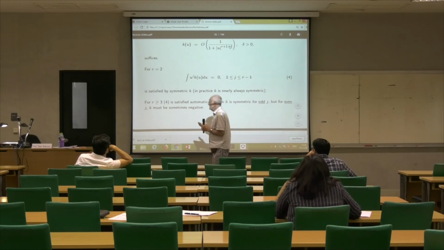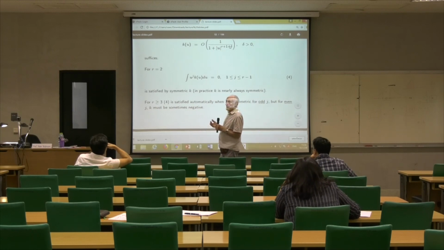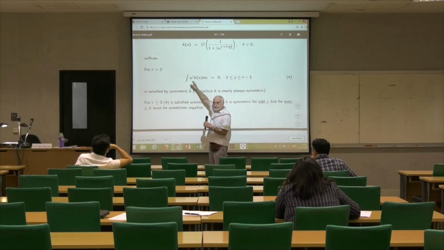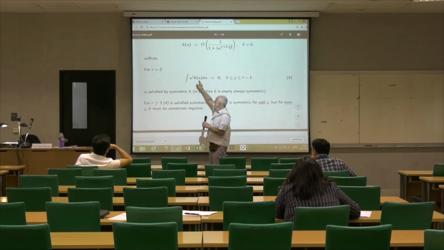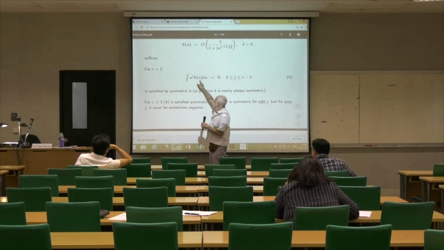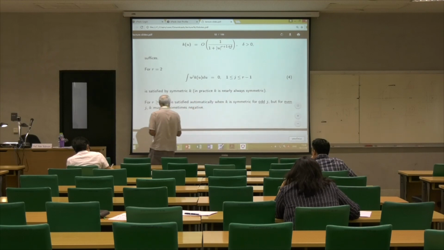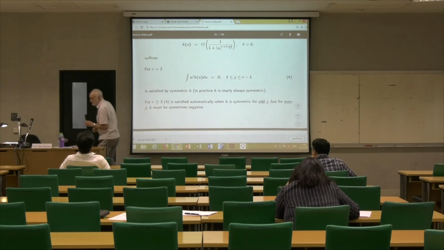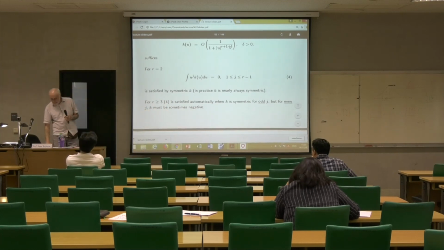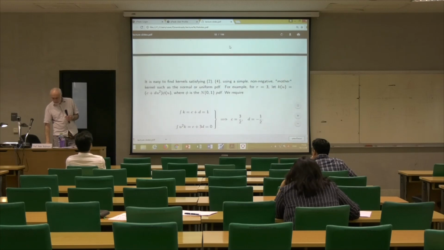In order for that to happen, you've got u squared always non-negative. If k is always non-negative, there's no way that integral can be 0. You must have some region where k is negative in order to end up with a 0. And I'll draw you a little picture of that. Yeah, maybe I'll do the picture now.